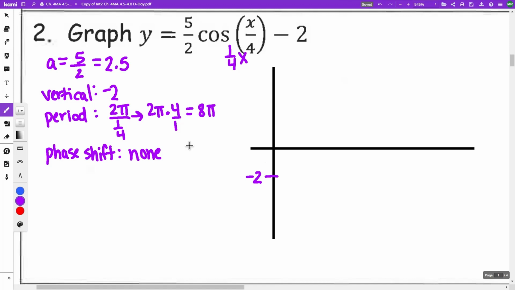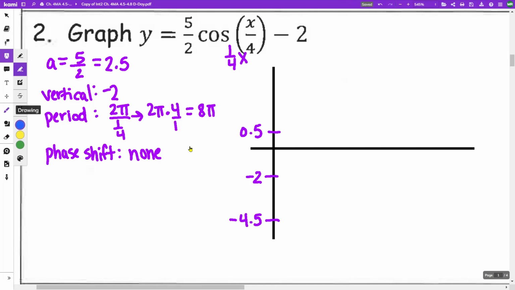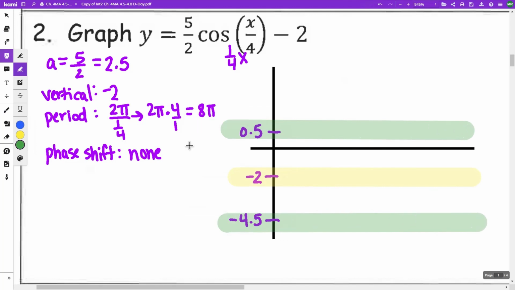I'm going to go 2.5 above, which puts me at 0.5, and 2.5 below, which puts me at -4.5. This is my vertical shift, where my middle would be, and my highs and lows are going to occur at 0.5 and -4.5.